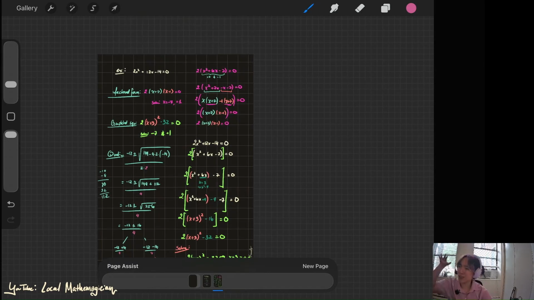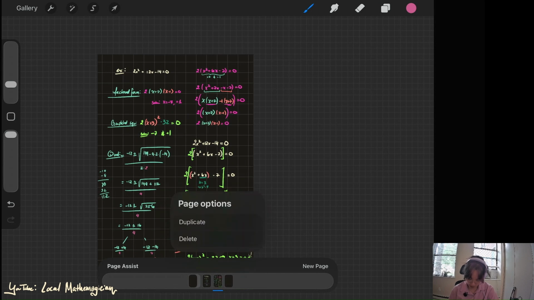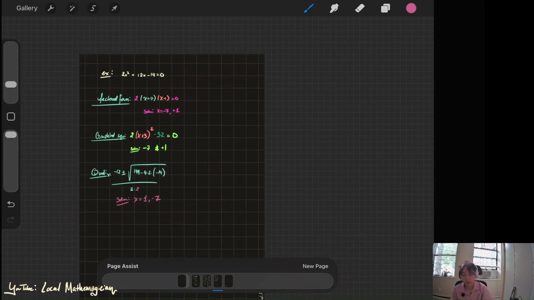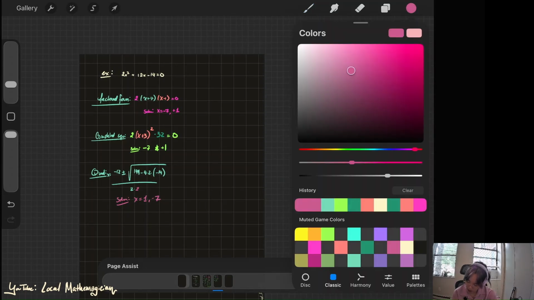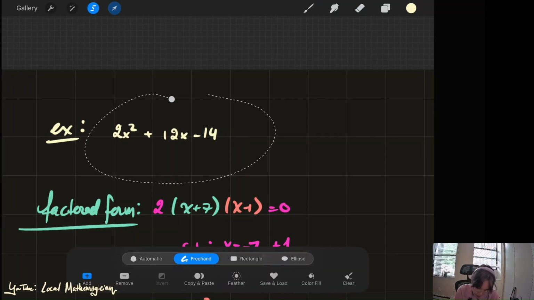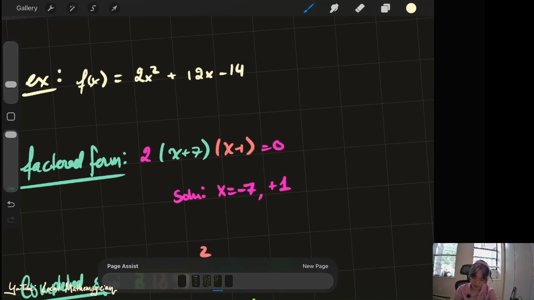But why is this relevant for graphing? I'm so glad you asked. Because if we get rid of all of this baloney, if this were a function instead of an equation, that is to say, f of x equals this, hear me out.